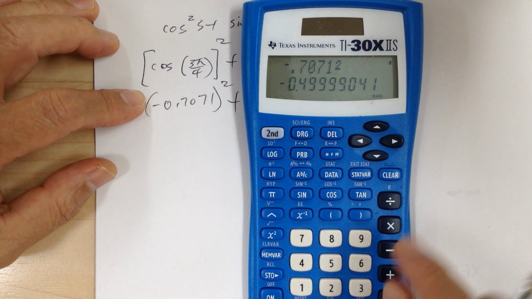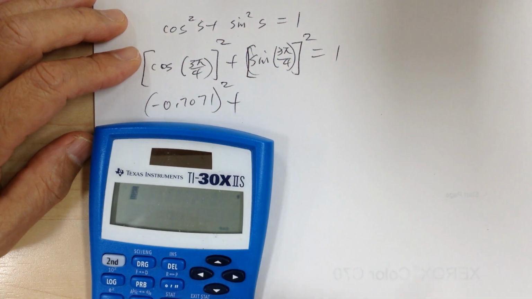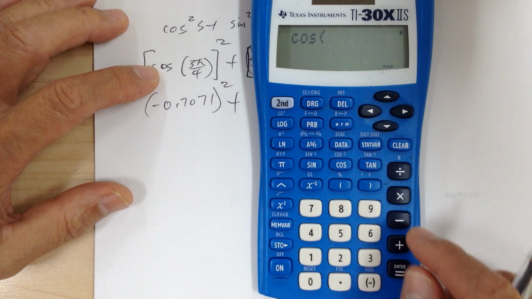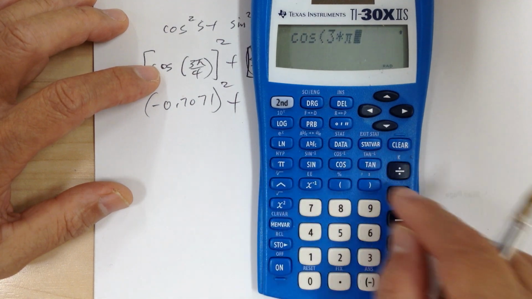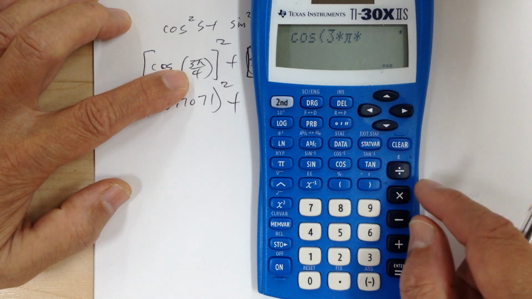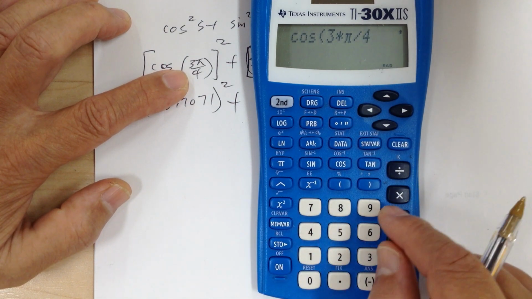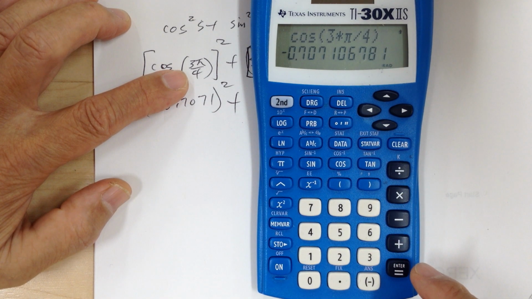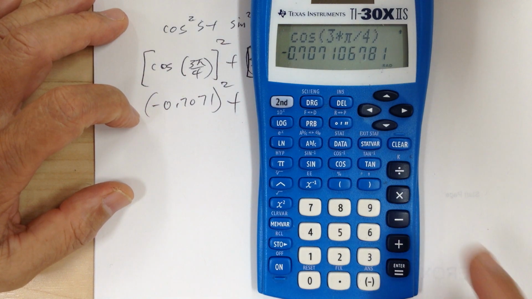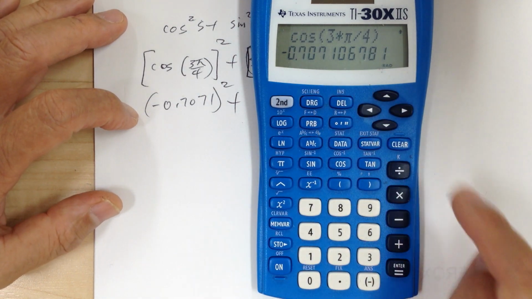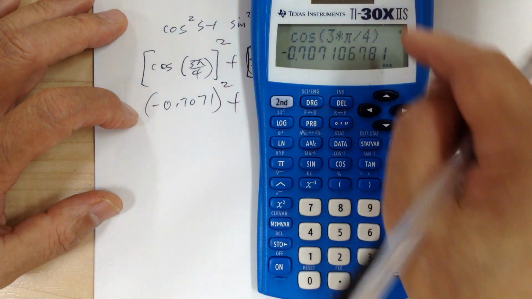Now you have to be careful. Let's back up. Cosine 3 times pi divided by 4, equal, and then you want to square that. But you have to be very careful, because when you square the answer, you have to put parentheses around that.